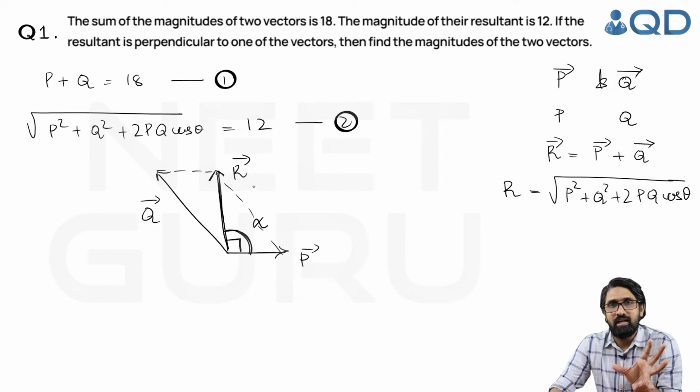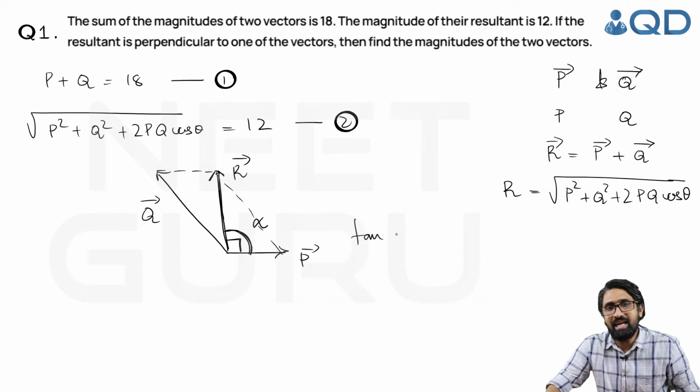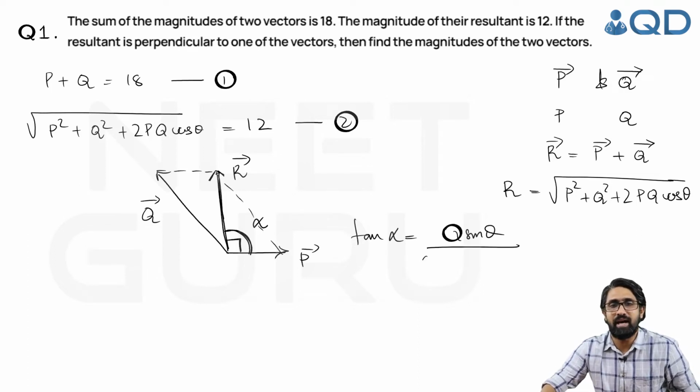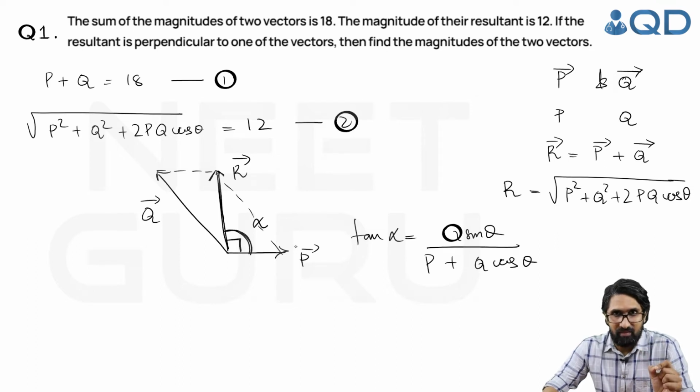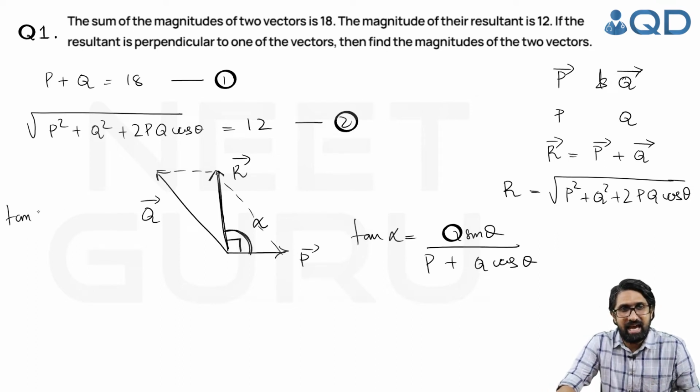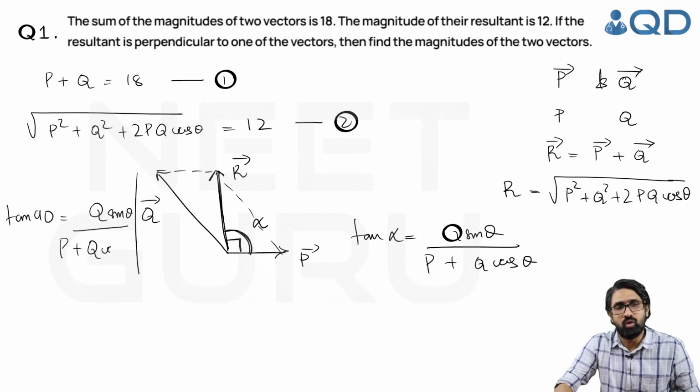Now, from this figure, you know the expression to calculate tan alpha, and tan alpha will be equal to q sine theta divided by p plus q cos theta. That is an expression that we've already studied. And now alpha is 90 degrees, so tan 90 has to be equal to q sine theta divided by p plus q cos theta.